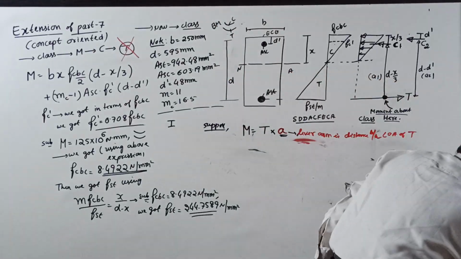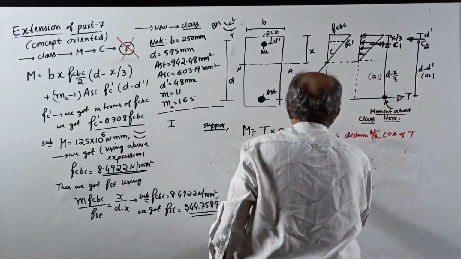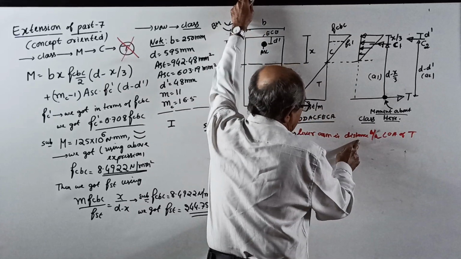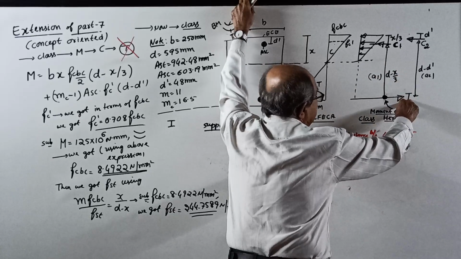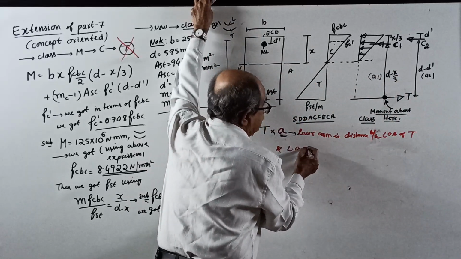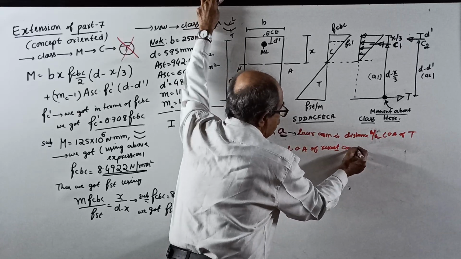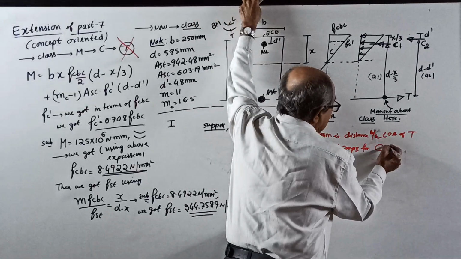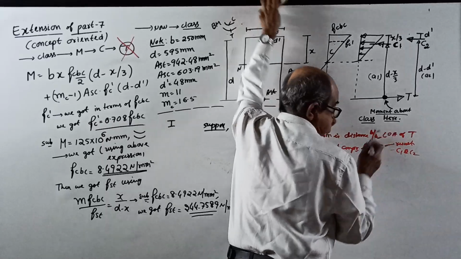I won't waste time on things which are already known to you. You write here: lever arm is the distance between the line of action of resultant tension force T and the line of action of resultant compression force C. C is the resultant of C1 and C2.